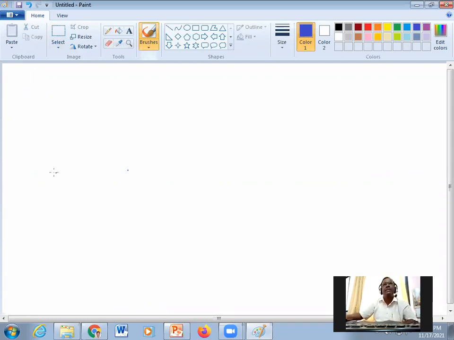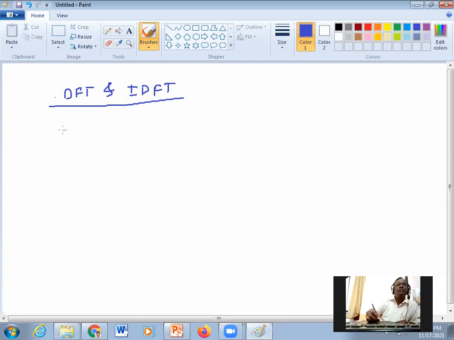So let us summarize this. In the DFT IDFT method, what are we doing? To find a circular convolution using the DFT and IDFT method, what is step 1?